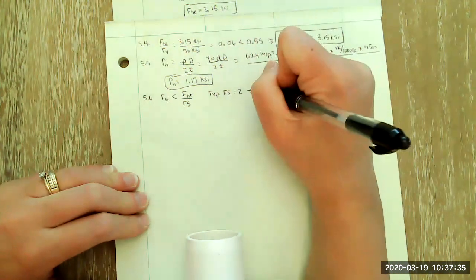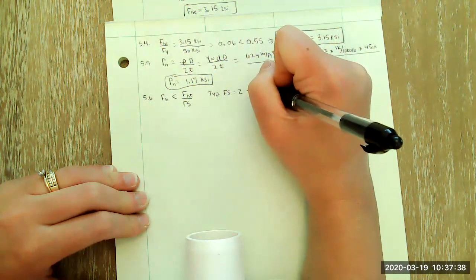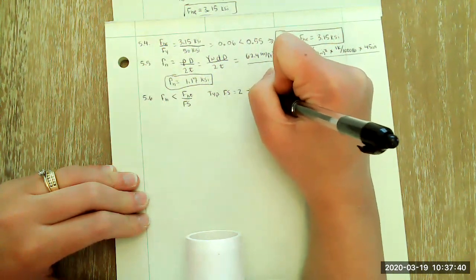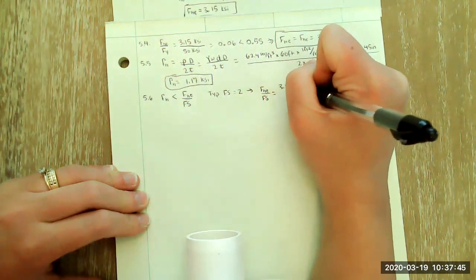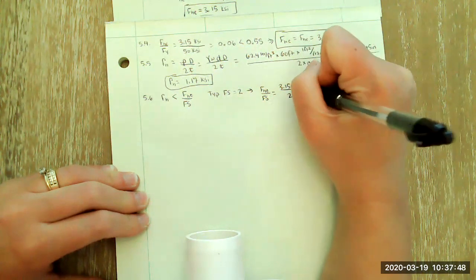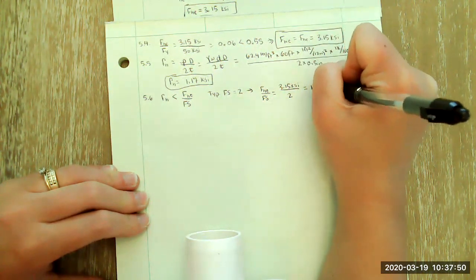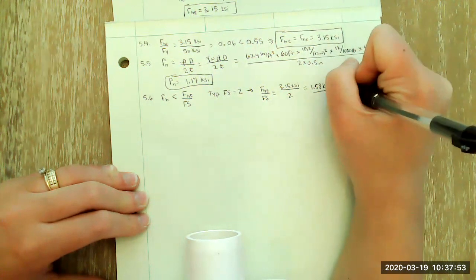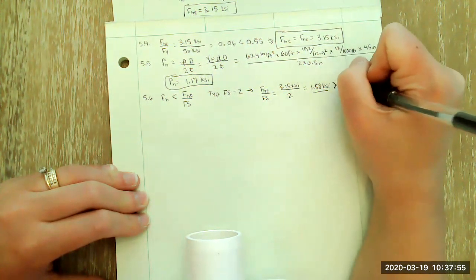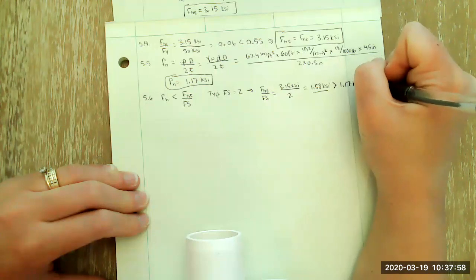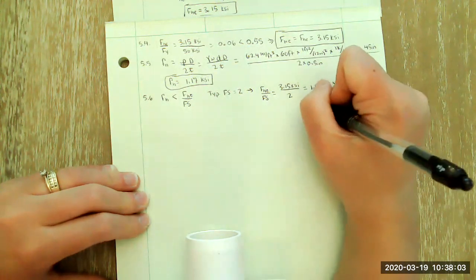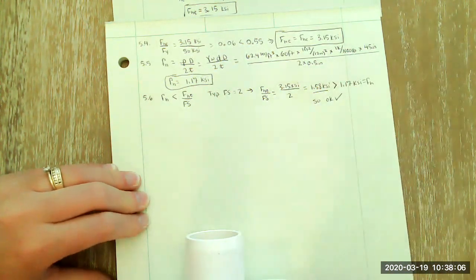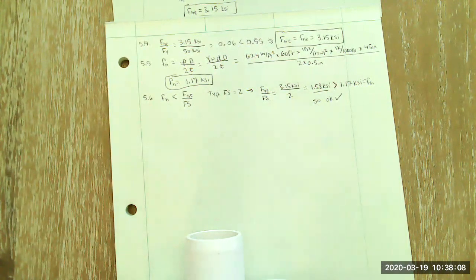So let's go ahead and check that: F sub HC over factor of safety of 2 will equal 3.15 KSI over 2, which is equal to 1.58 KSI. This is indeed greater than our actual hoop stress of 1.17 KSI, lowercase f sub h. So we're okay. And we can move on to our final combined stress check.